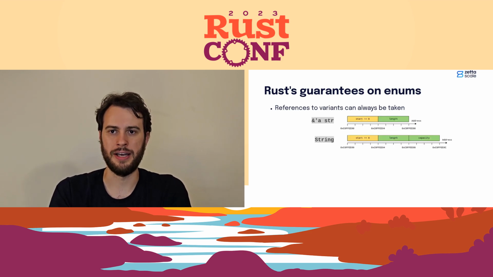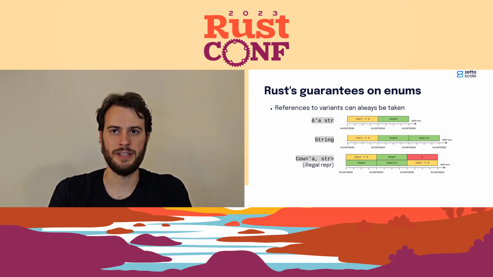So for our layout that we had for String and str, Cow<str> could never adopt this layout where String's start pointer has been moved all the way to the right to make this usage, because that would mean that a reference to a String inside a Cow is not the same as a reference to a String in general. The other guarantee is that if there's only one niche in a type, then Option will use that niche as None. That means that Option of T will always be represented by the same layout as just T.